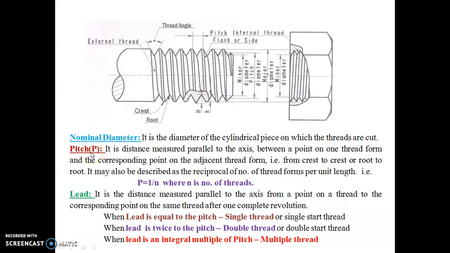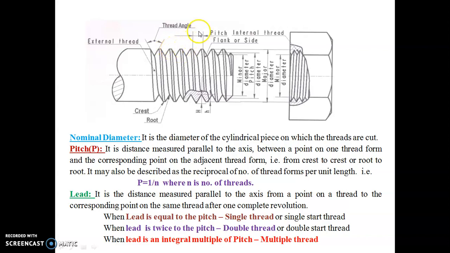Then further, the very important term which is called as pitch, denoted by capital P, and it is the distance measured parallel to the axis between one point on one thread form and the corresponding point on the adjacent thread form. Suppose if you take this point on this thread, so the same point you have to take on the other thread.